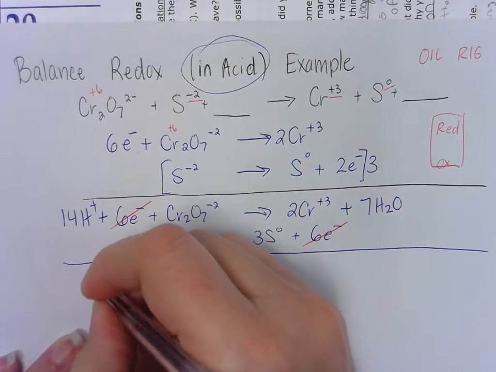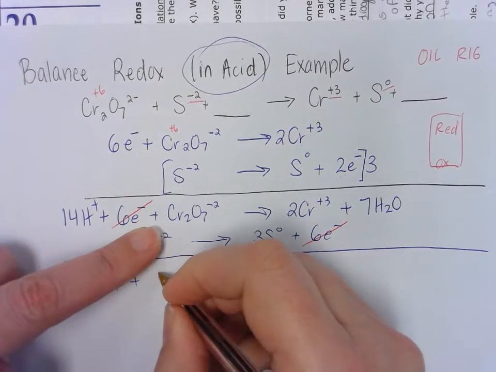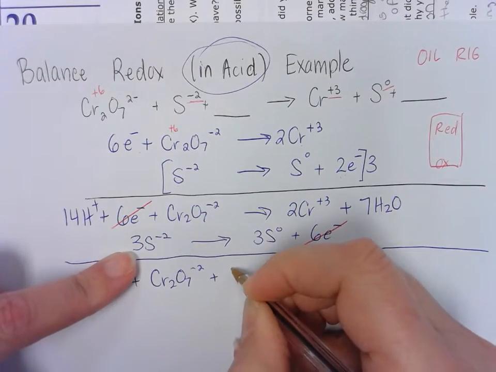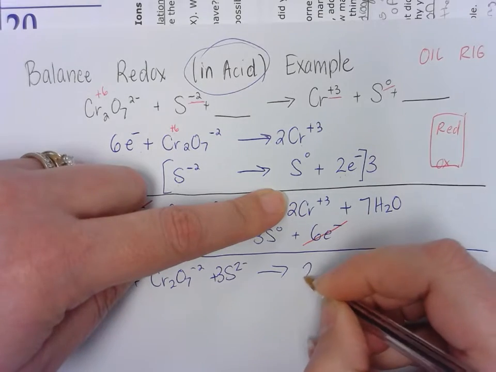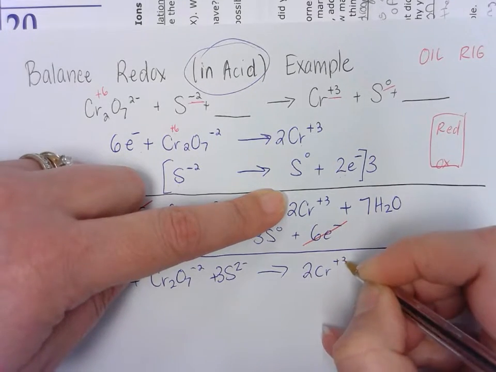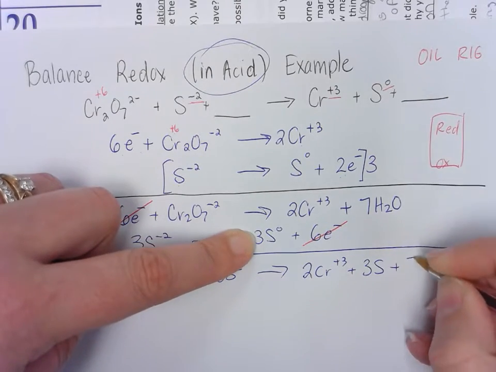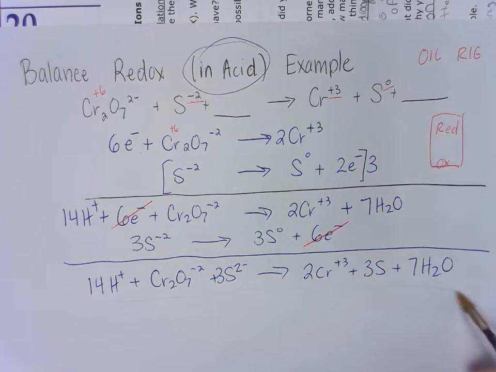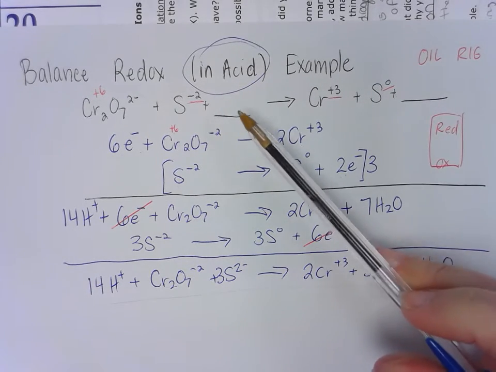So I'm going to rewrite the end answer: 14 H+, and I have dichromate and sulfur ion, making 2 chromium +3 ions, 3 sulfur atoms, and 7 H2O. So now this is my balanced redox for this particular reaction in acid medium.